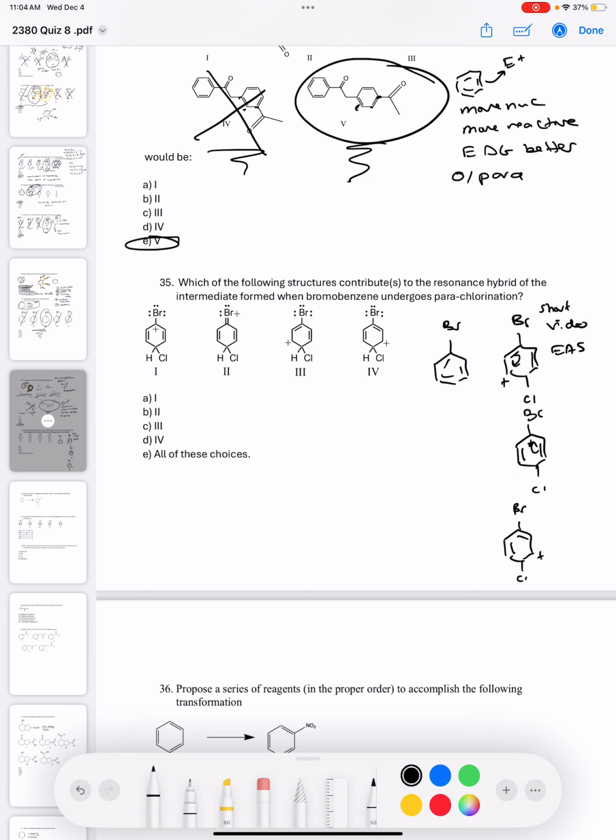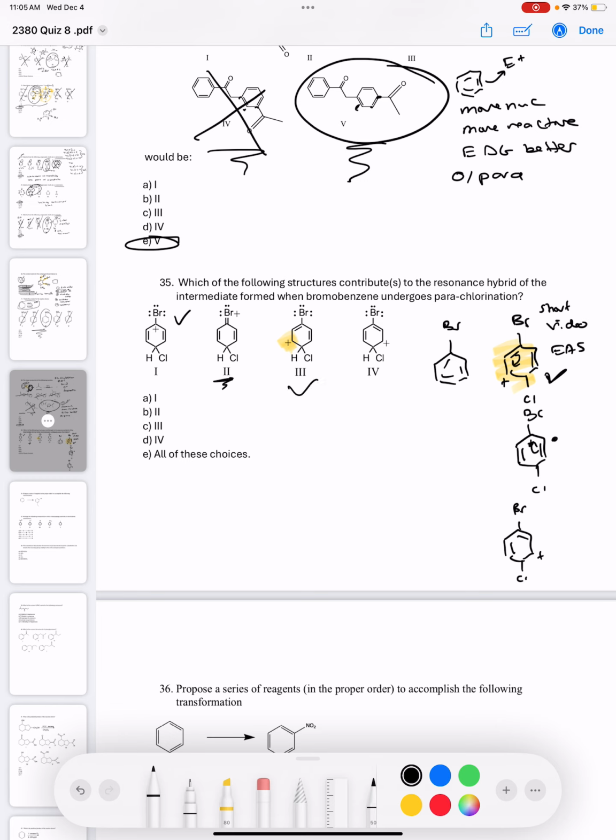So let's see. Oh, and then there is one. I'll just first check for these. This one right here, where the positive charge is right on the Br, we have A. B, we haven't done that yet. I'll come back to that. C, that's the first one we started with right here. This one, where the carbocation is right there.